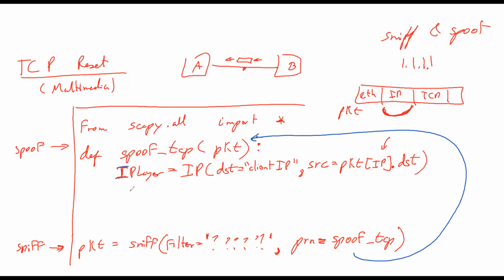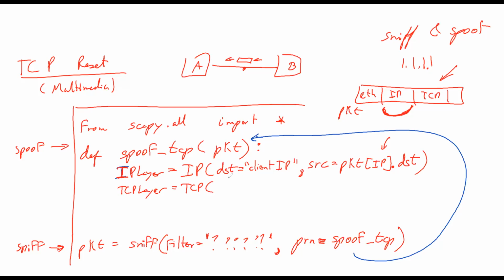The next step is to define the TCP header of the spoof packet. So TCP layer, let's call it, and this is going to be a TCP. Now remember, in the TCP, we specify the parameters related to the flags, sequence numbers, destination port, source port. Those are the things that you need to set up.